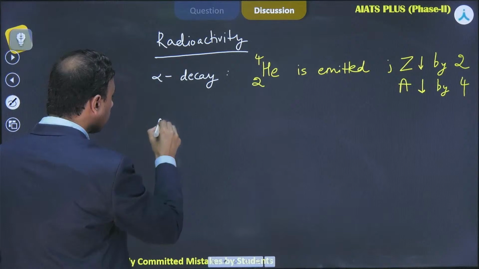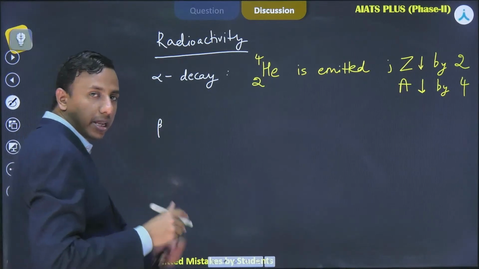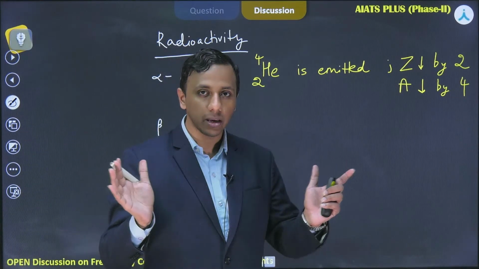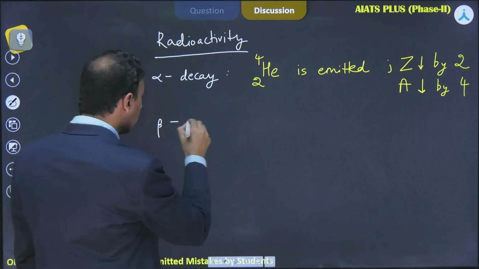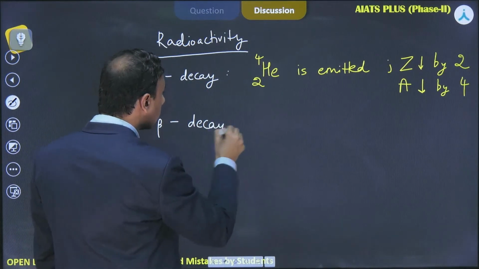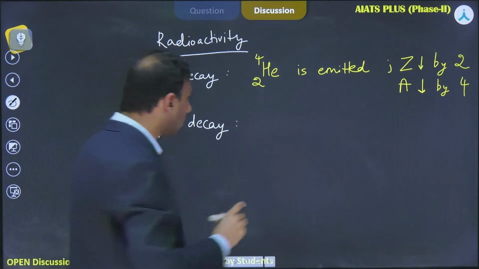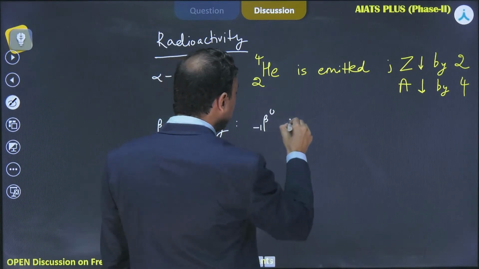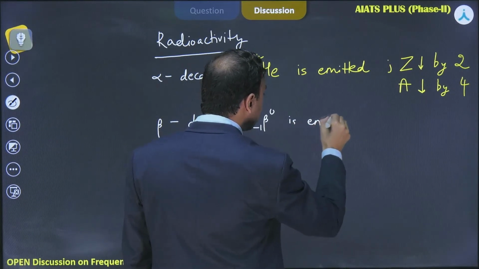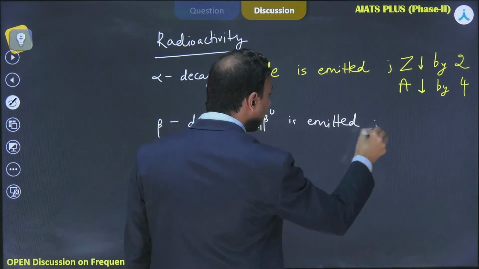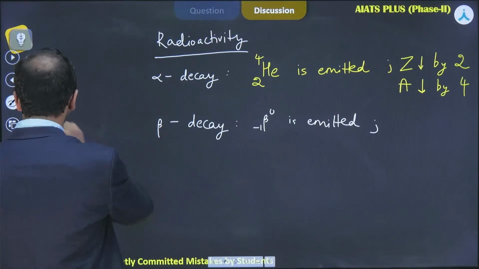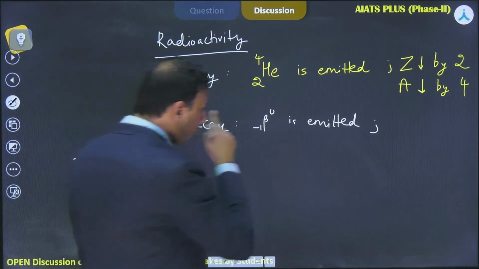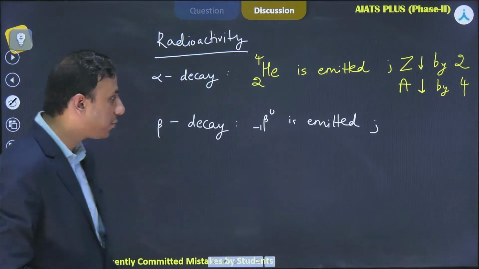Then the other one is beta decay. In beta decay you have two varieties, and one we are going to talk about. This beta particle is emitted. So what does that mean for Z?